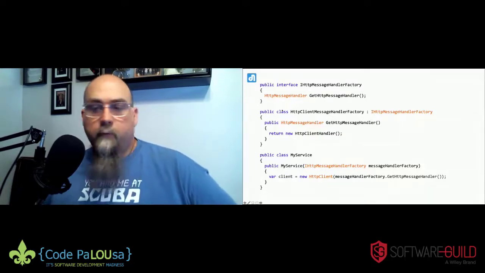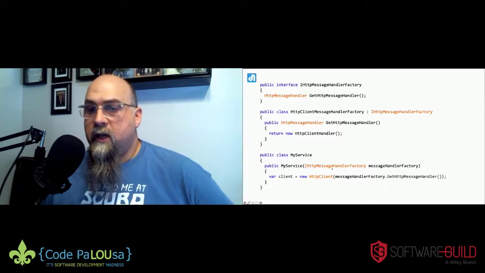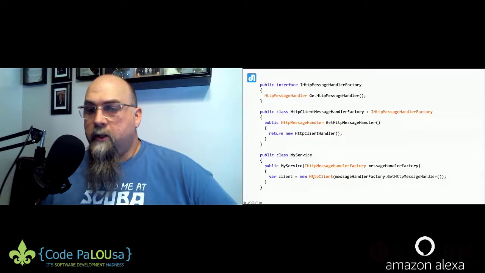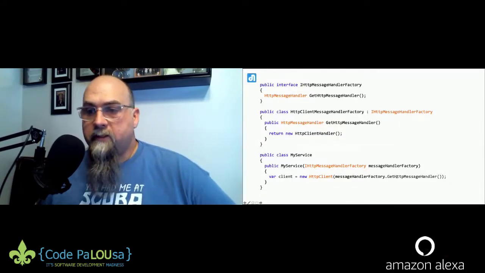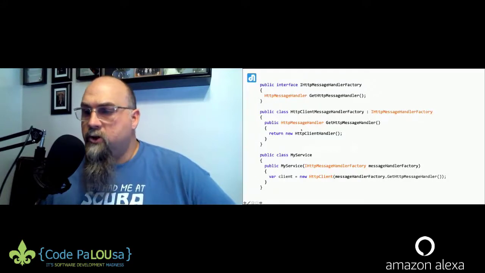This would be the default handler that you're going to use for regular application usage. And then your service just says, hey, I need a message handler factory, and then creates a client with it and passes that in. So in this case, it gives it our default usage.